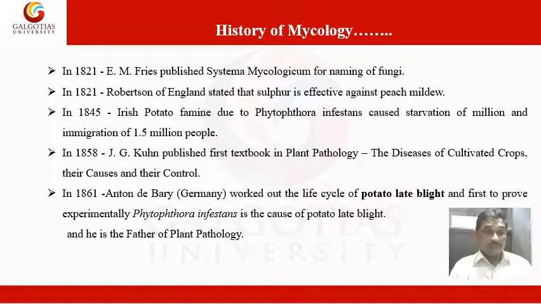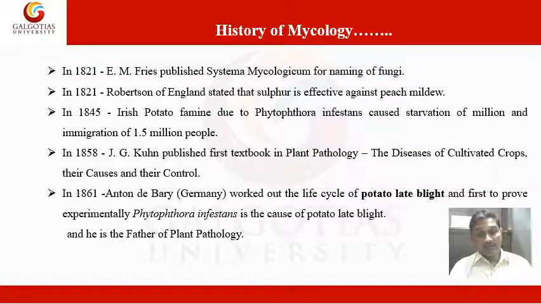In 1861, Anton de Bary from Germany worked out the life cycle of late blight of potato, and was the first to prove experimentally that Phytophthora infestans is the cause of late blight.